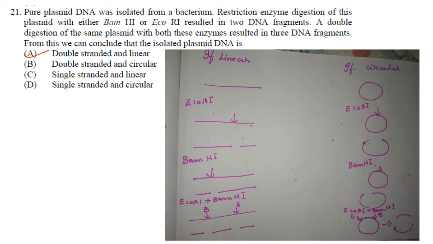So if it is a linear plasmid, then it will give 3 fragments. If it is cut with BamHI and then by BamHI and EcoRI double digestion, you will get 3 fragments. But if it was a circular plasmid cut with EcoRI and BamHI, you will get only 2 fragments. So the answer is double-stranded and linear.